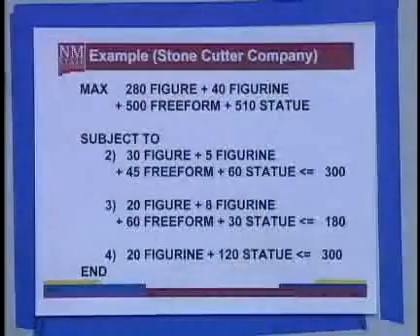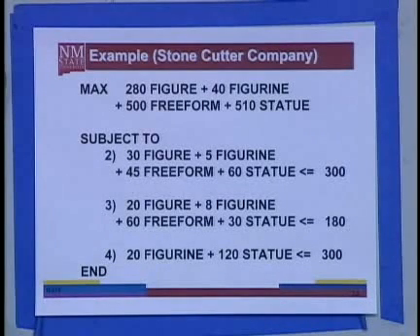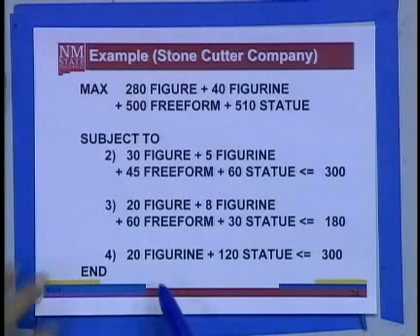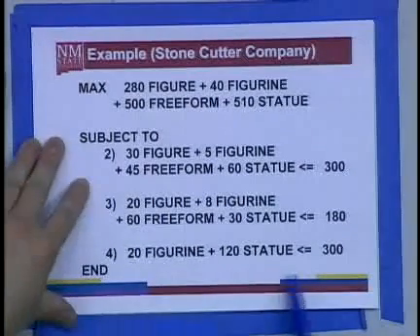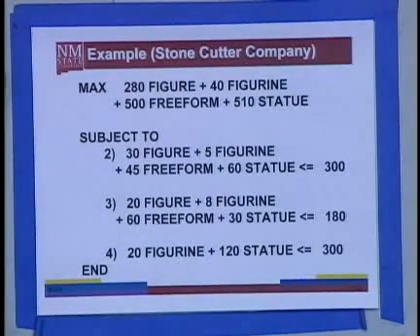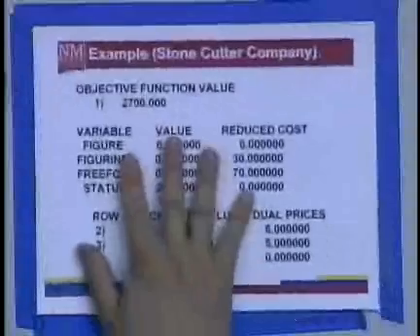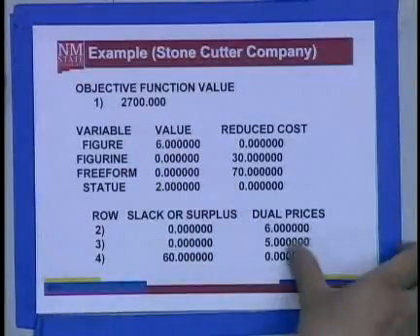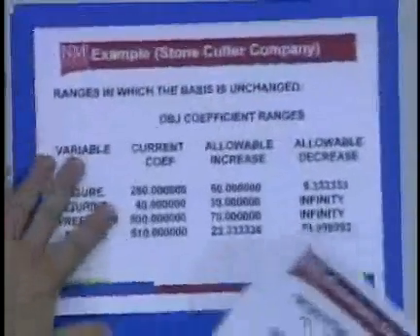And I've got this LP formulation from Lindo. Again, just to let you know, the non-negativity restrictions are omitted here. And if you use Lindo to solve the problem, you may obtain the optimal solution and some more information used for sensitivity analysis.